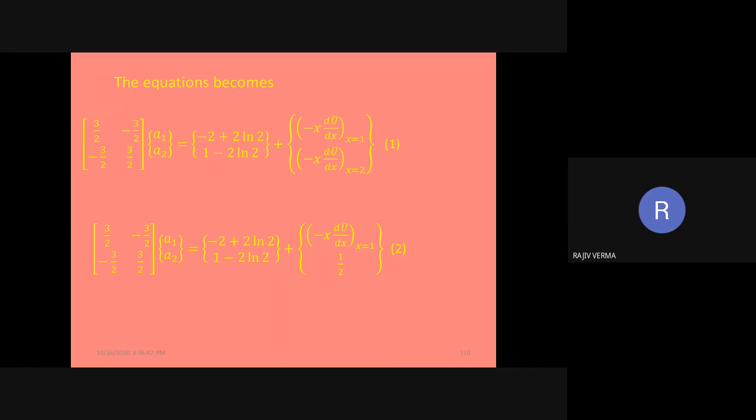For this, we have to further manipulate these 2 equations corresponding to the first boundary condition, which was specified at node 1 in terms of U.